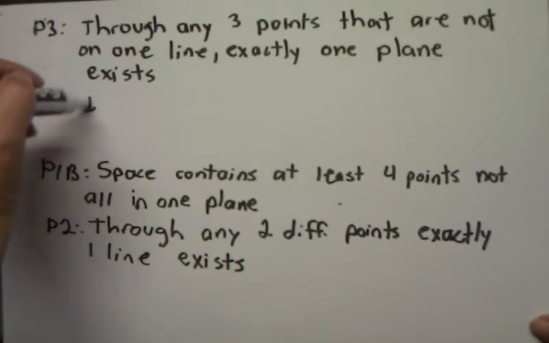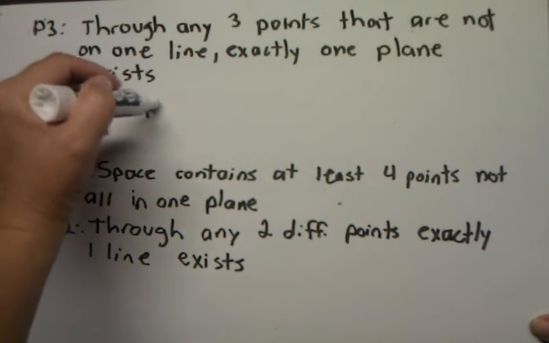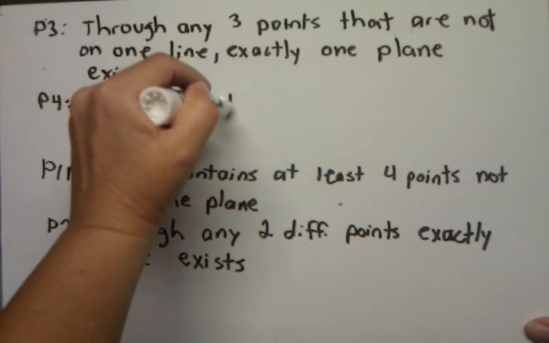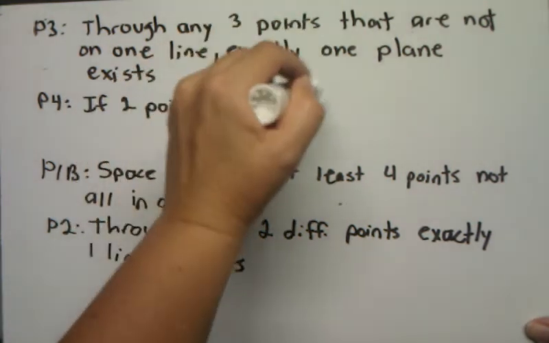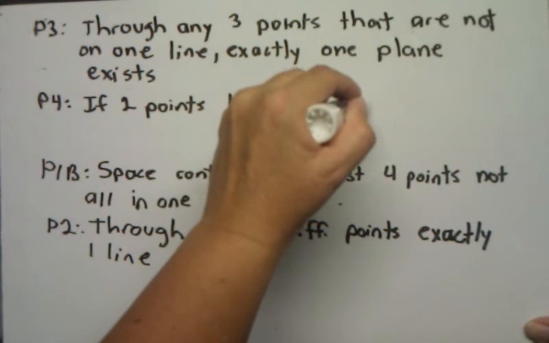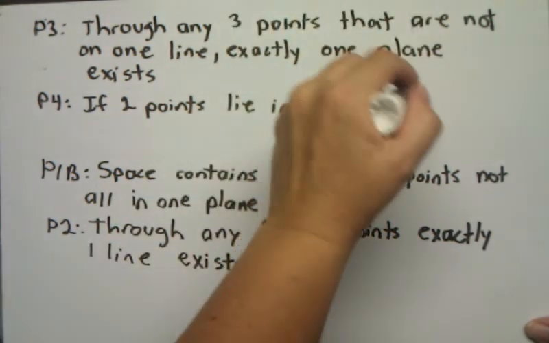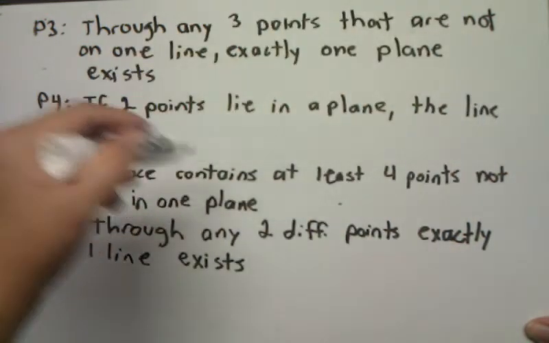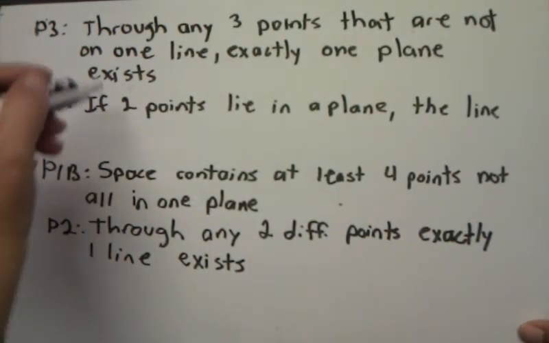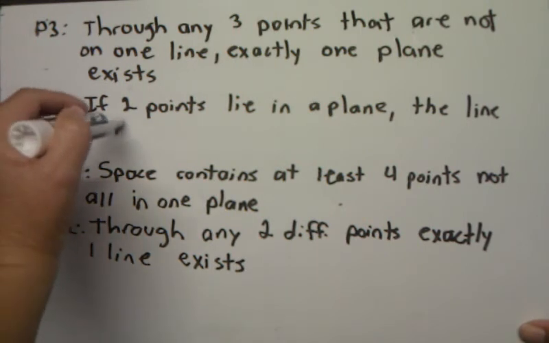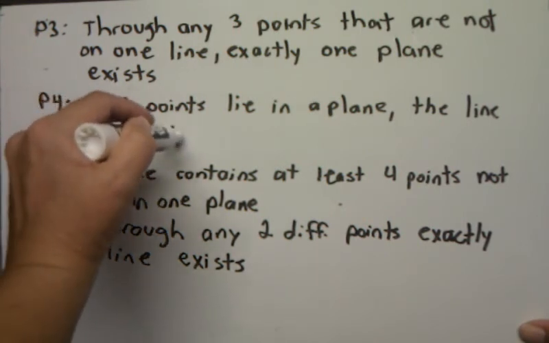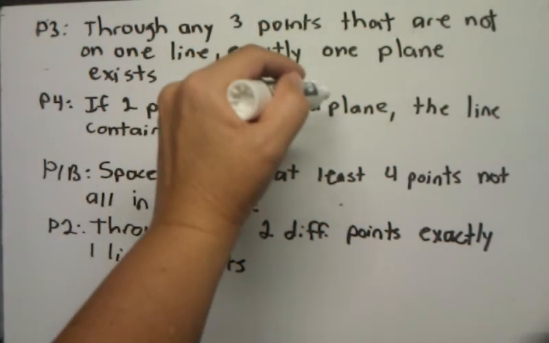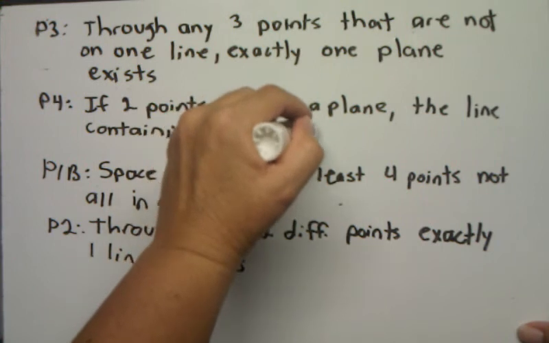If 2 points lie in a plane, the line containing them lies in that plane.